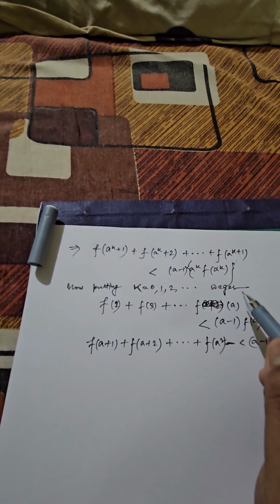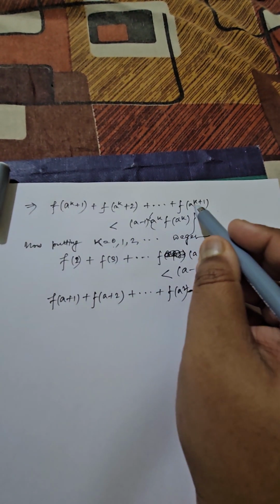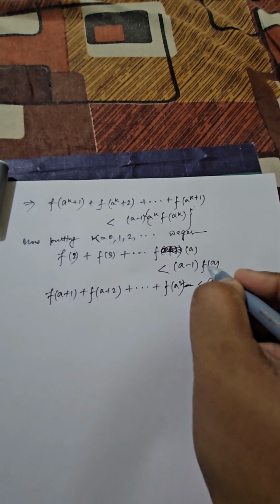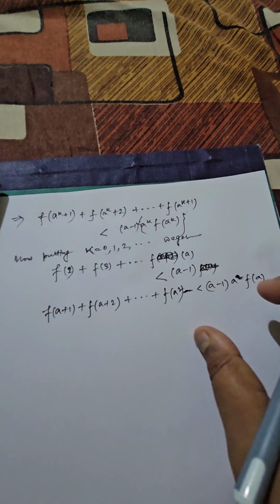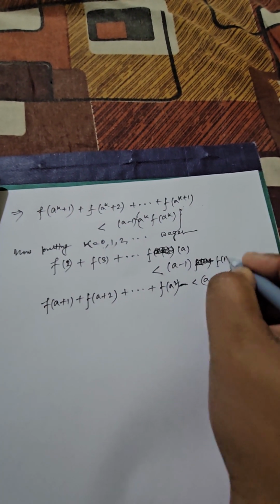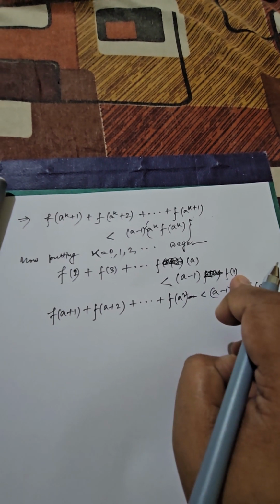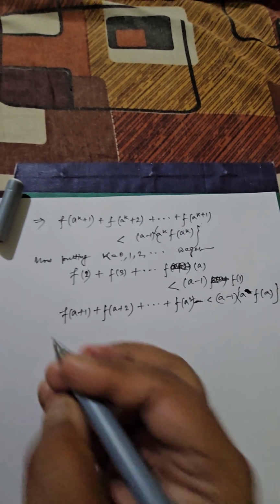We are putting this expression. In the first part we are putting k equal to 0. k equal to 0 means you will get (a minus 1) a^0, that is 1, and f of a^0, that is also 1. So in the first case you will get (a minus 1) into f of 1. In the second case you will get a into f of a.